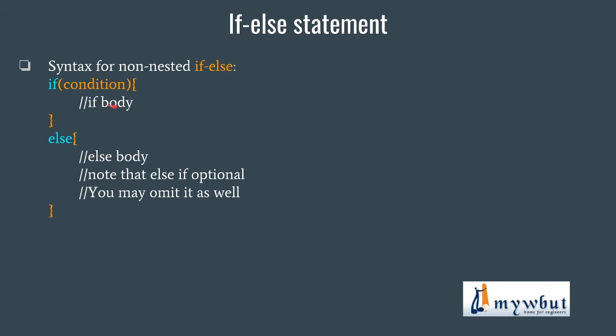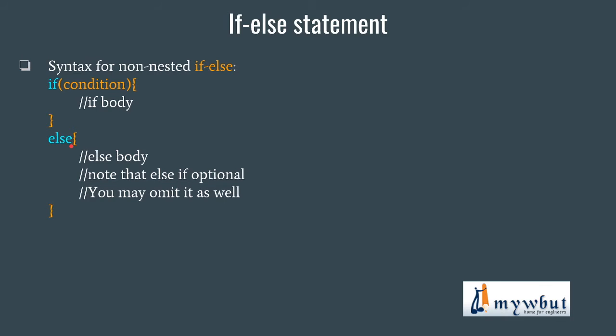Over here we write the body of if. That means if some condition evaluates to true, then there must be some set of tasks that the system must perform, and that is what we write over here. If the condition evaluates to false, then the else part is executed. So we begin this one with else. Just note that unlike in the case of if, we have not placed any parentheses over here, neither do we have any condition.